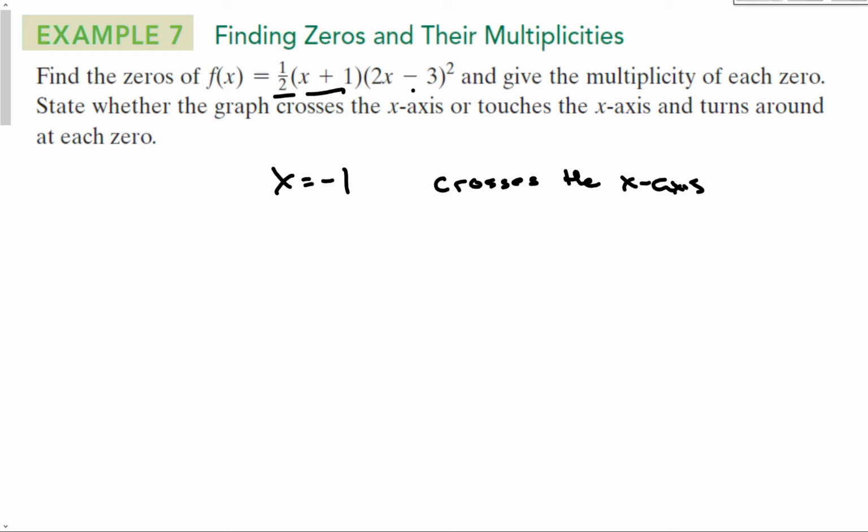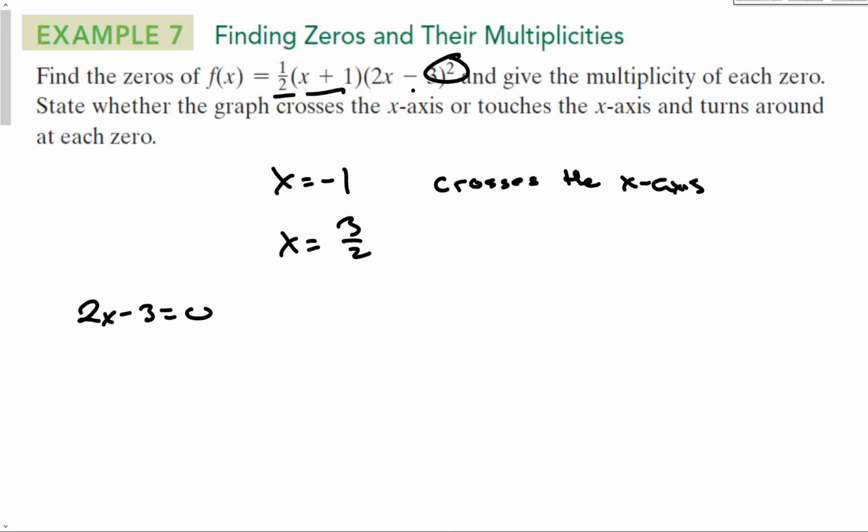Now at this 0, we have 2x minus 3 squared, which means that x is going to be equal to 3 over 2, which I get by setting that equal to 0. Okay, now it happens twice because it's squared. Okay, which means that the graph touches and turns.